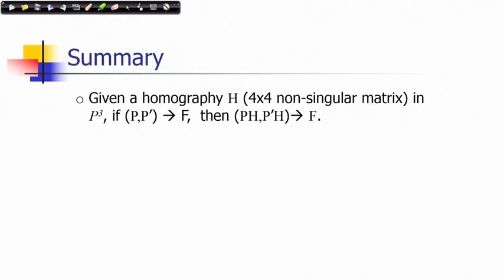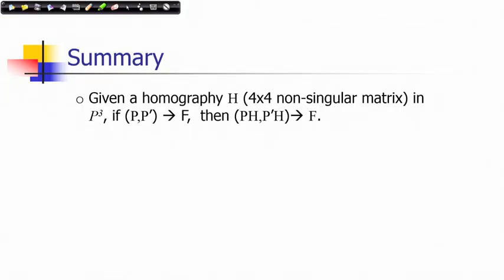Then we discussed how projection matrices are related to the fundamental matrix. A pair of projection matrices gives uniquely one fundamental matrix, but a fundamental matrix can lead to a family of pairs of projection matrices.